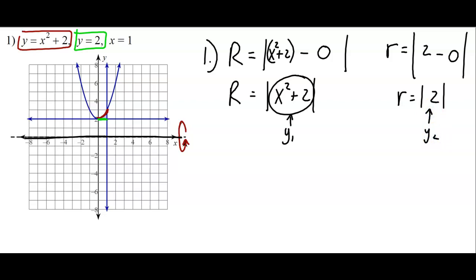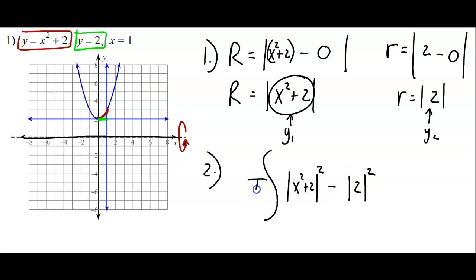Now we're ready for step 2, where we find the areas of these things and subtract them in an integral. You take your big radius and square it, and subtract from that your little radius squared, and we put a pi in the front.